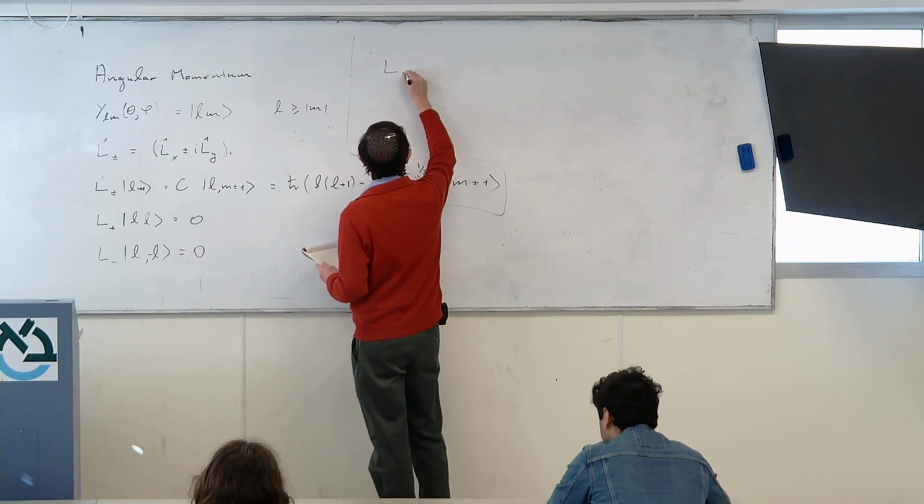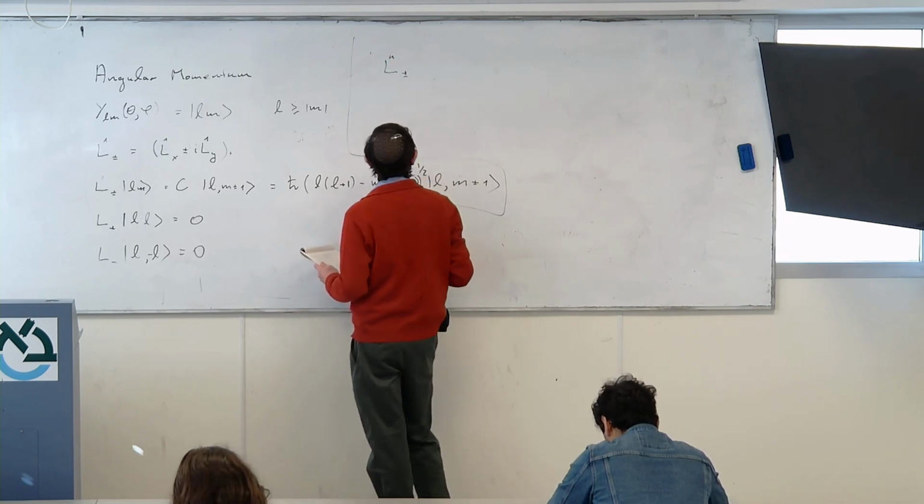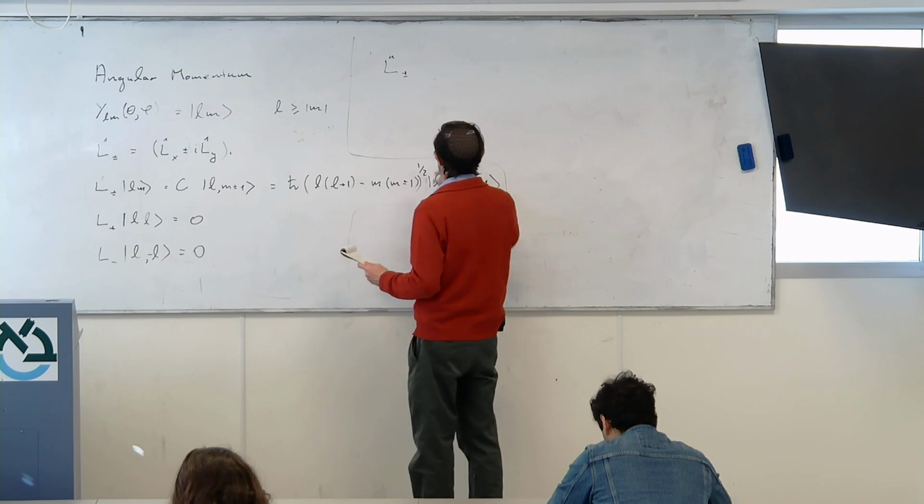So I want to rewrite L plus minus in spherical coordinates in theta and phi.